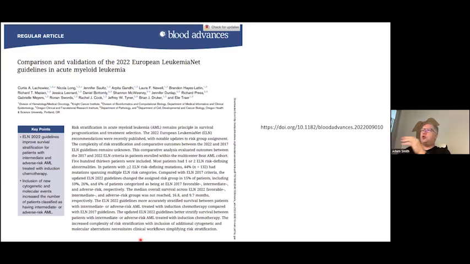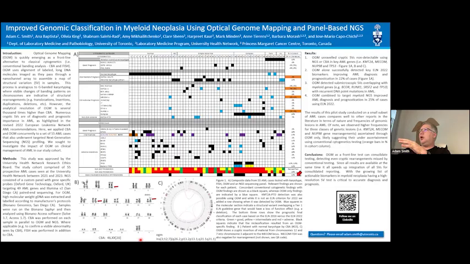There's one from the group at Knight Cancer Institute in Portland, which is a comparison and validation of the 2022 ELN guidelines on an approximately 500 patient clinical trial set of acute myeloid leukemia, where they showed an overall reclassification rate of about 15%. And there's also another paper, a European one as well, showing very similar results.